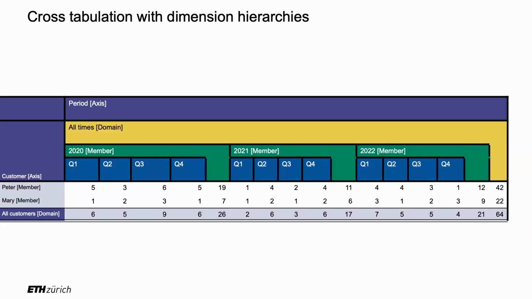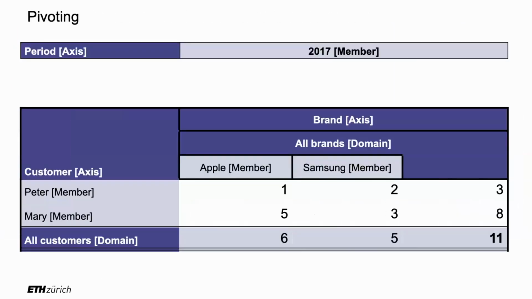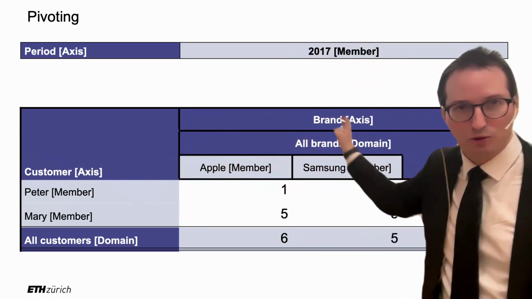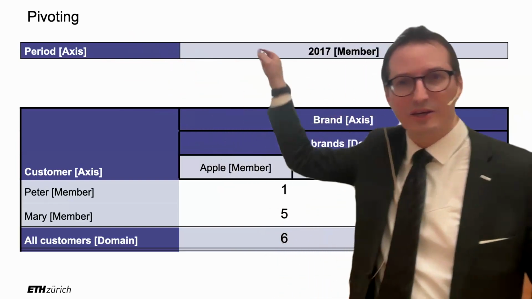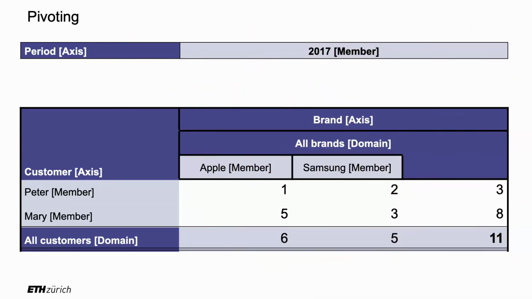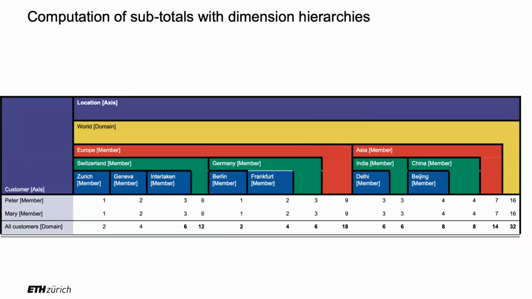This is the sort of thing you can do in Excel with that feature. You just need to drag and drop customer here, drag and drop brand here, drag and drop period here, you right click, you select 2017, you can do it all very visually. This is the most intuitive way you can learn slicing and dicing. Try it, really try it. This is very practical.